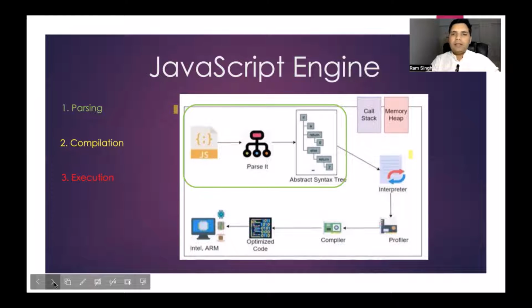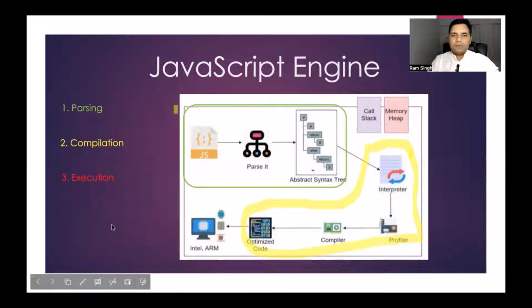The next phase was compilation. In compilation, the abstract syntax tree was the input for the interpreter, and I explained how the interpreter, profiler, and compiler work together to get the optimized code for your browser.